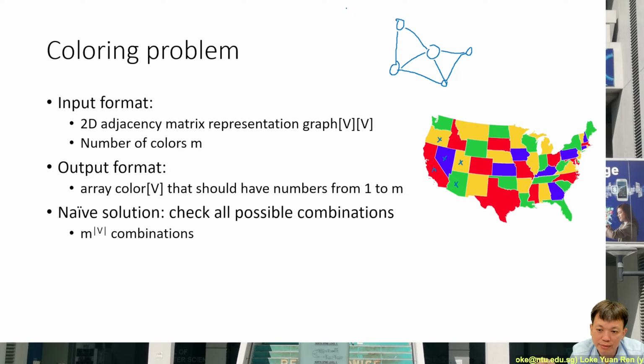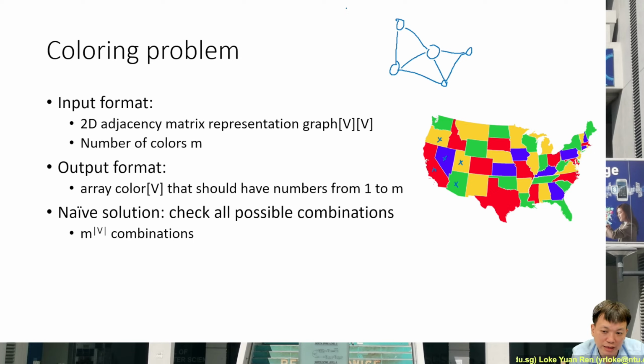Then as I said, someone also asked, if you need to try all the possible scenarios, the most naive approach is to try out all the possible scenarios. Then you will find that the number of possible cases, the number of colors to the power of all, can be like red, green, red, green, yellow, red, green, blue, blue, purple, yellow, all these combinations.